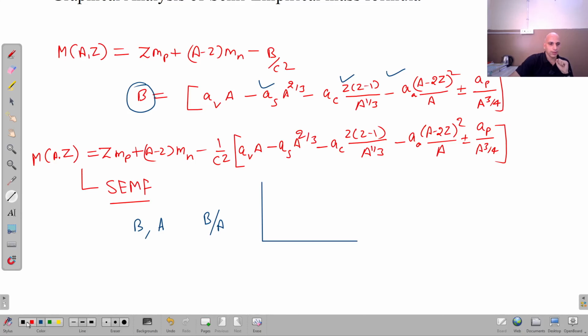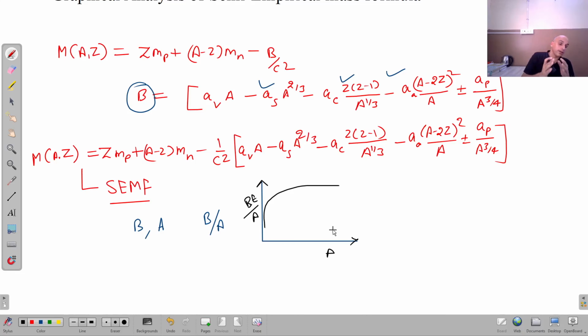I'm just drawing it for remembering that graph. This graph was of this type, right? This is the binding energy per nucleon, and this is the mass number, right?